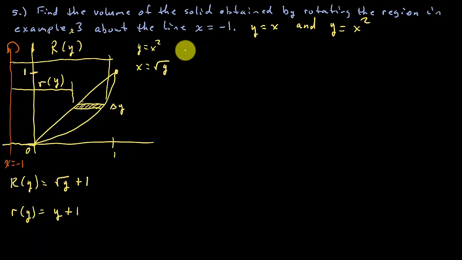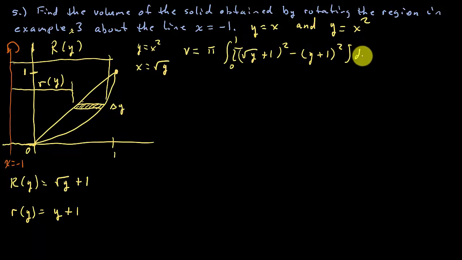The volume is equal to pi times the integral, going from 0 to 1, of big R squared minus little r squared times the thickness.